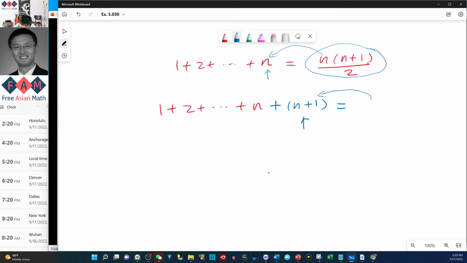So this formula has to be n+1 times the next number, which is 1 more than the first number, so n+2, divided by 2, right?